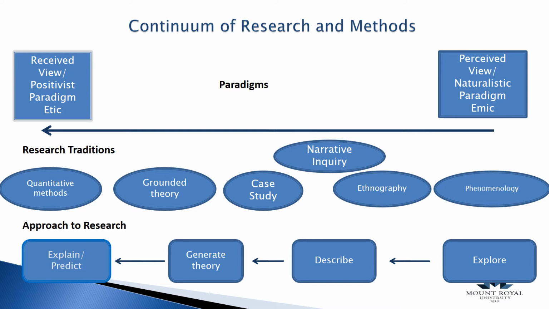And there's actually three types of quantitative research methodology that we'll look at a couple classes down the road. So moving from right to left, moving from the perceived to the received view, there are a variety of types of research traditions that fit with those particular research approaches. So we'll come back to this in subsequent classes.